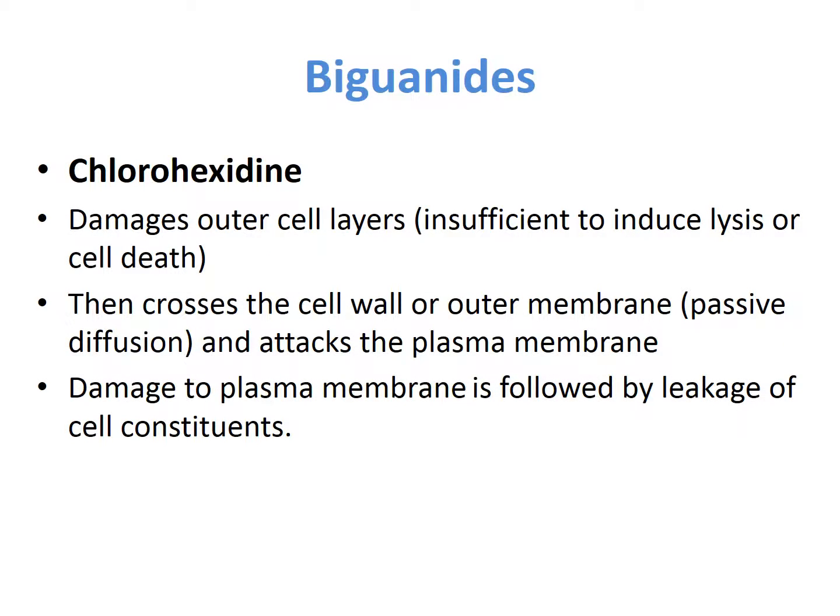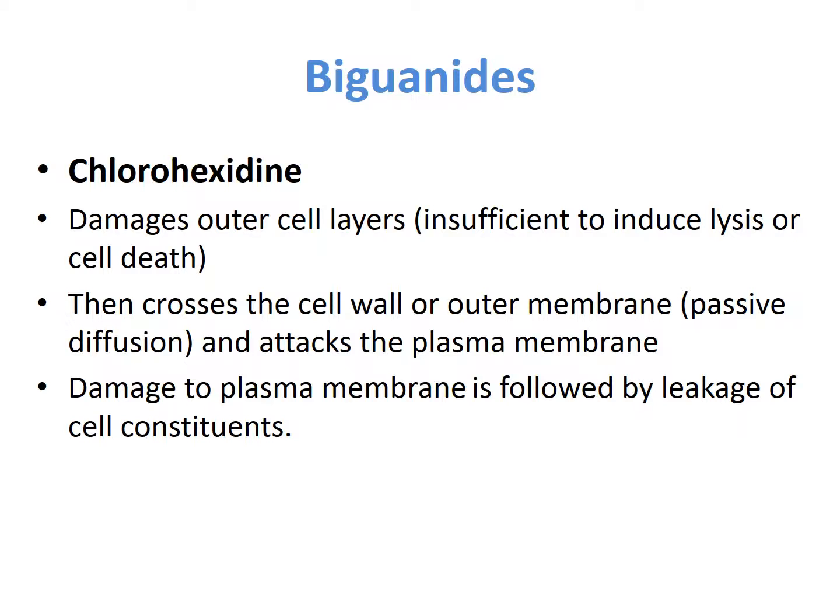What we think chlorhexidine does is that it targets the plasma membrane and changes membrane permeability. We know that this compound damages the outer layers of cells. It doesn't cause lysis or cell death by itself, not until it actually disrupts the plasma membrane.